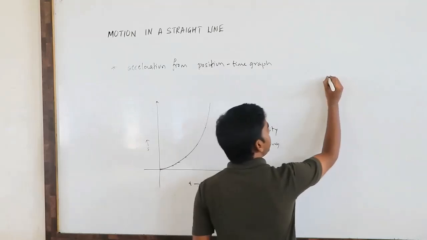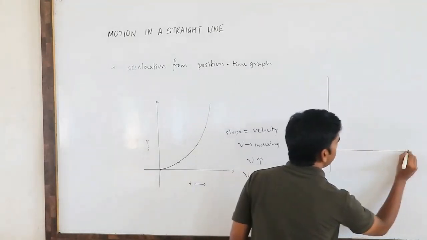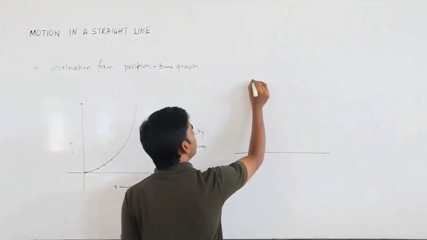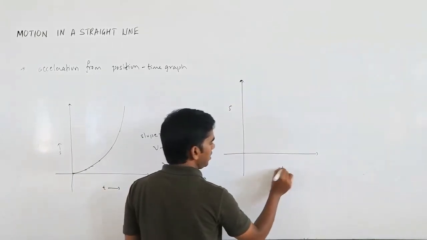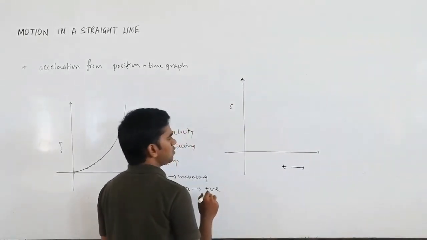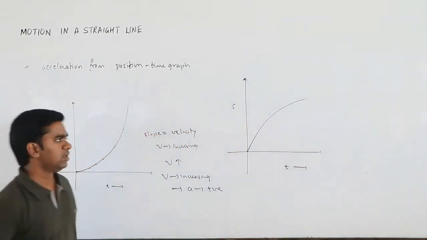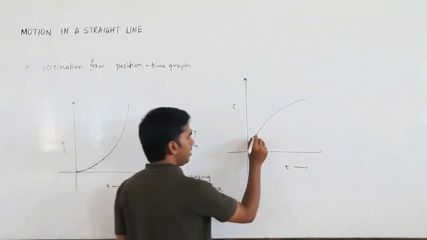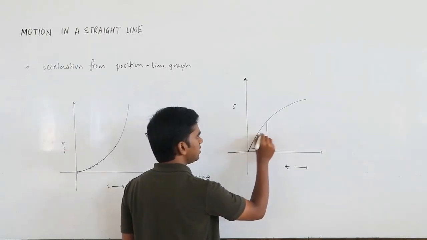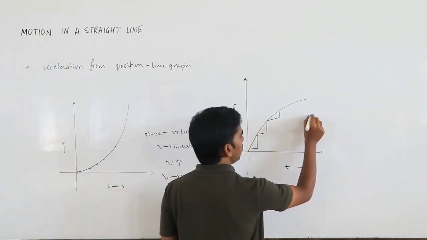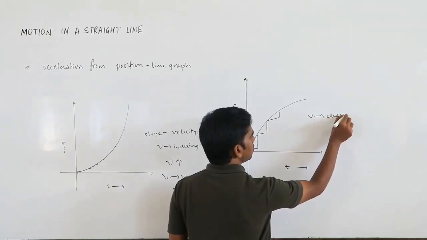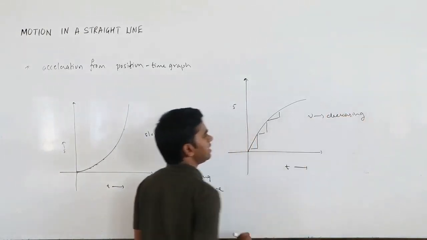Similarly, if I plot a position time graph here, I will take y, and t as x. The graph will be like this. Here velocity goes on decreasing.